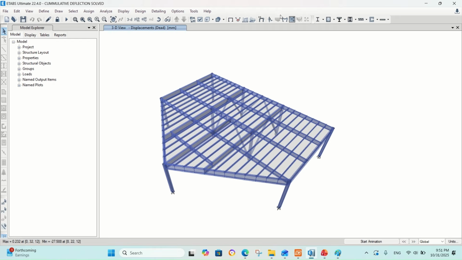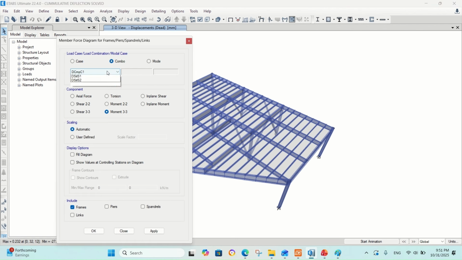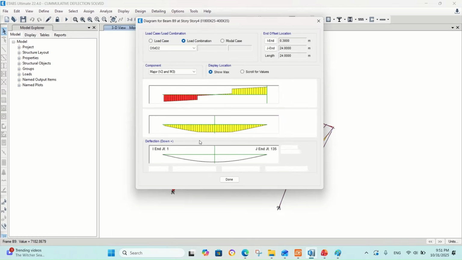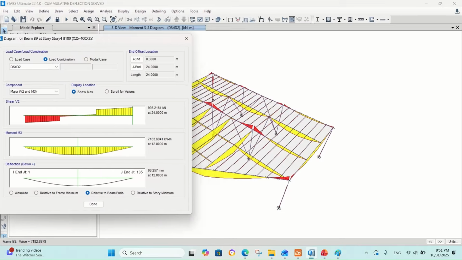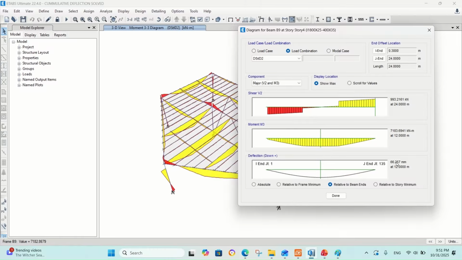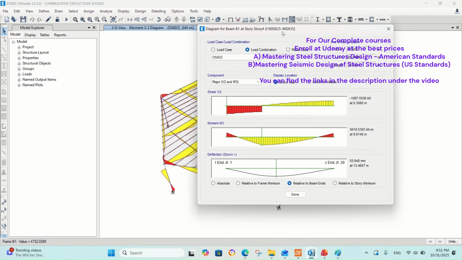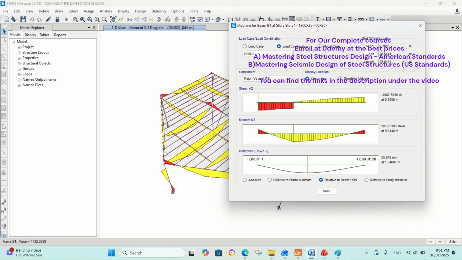So let us see first the moment. You can see that this beam, although it's deflecting around 66 millimeters, is still well below the limit. Also, these main beams now are deflecting much less than what we saw before.